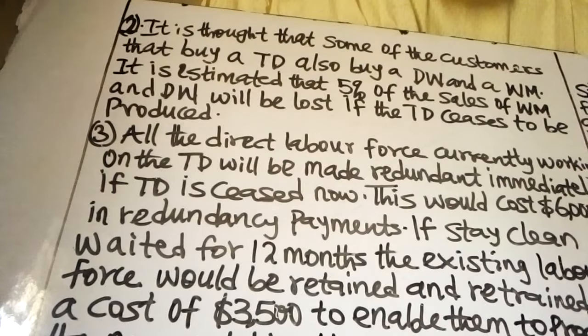It is estimated that 5% of the sales of WM and WD will be lost if TD ceases to be produced. If you cease TD now, you are going to lose sales.